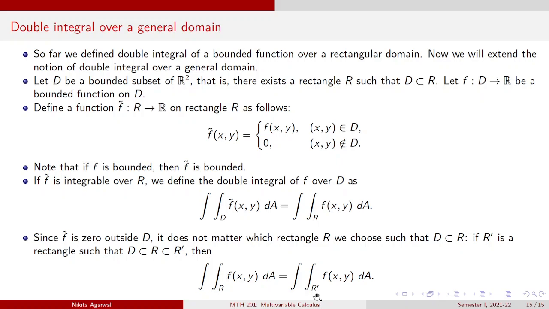It doesn't matter the extra portion, because in that extra portion your function is 0. So it doesn't matter which rectangle you pick. The definition is independent of the rectangle that you pick in which D is sitting.